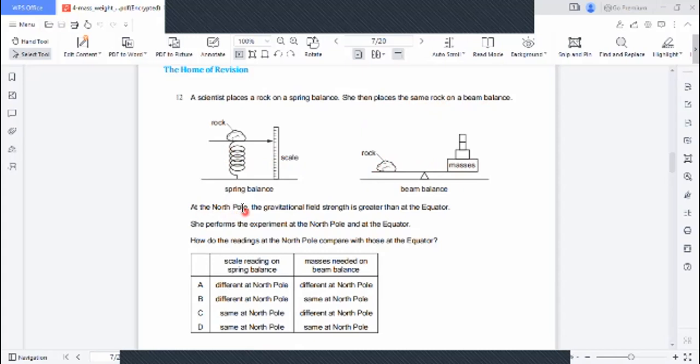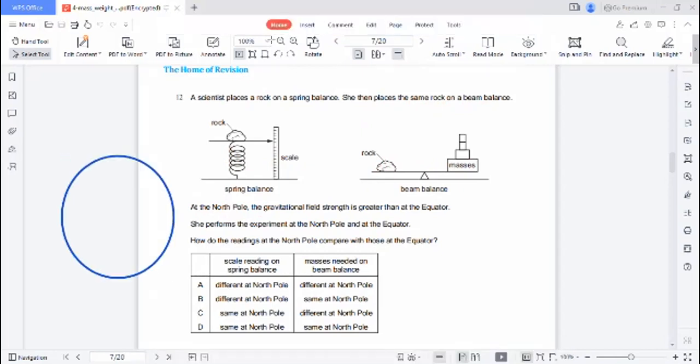At the North Pole, suppose here is the Earth. Suppose we have an Earth. This one is the North Pole, and here is an equator.